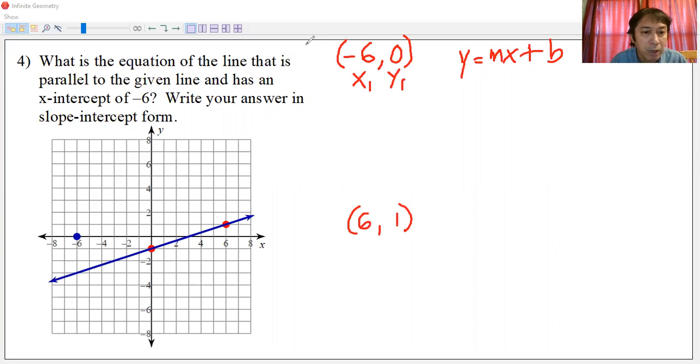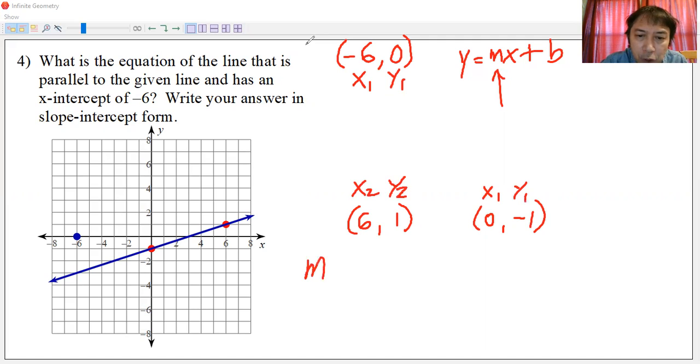The other one is along the y-axis, which looks like (0, -1). So we can make use of these 2 points and use the slope formula so that we'll be able to use the slope here. Let's label these 2 given points, the red points. Let's call this x1, y1, and the other is x2, y2.